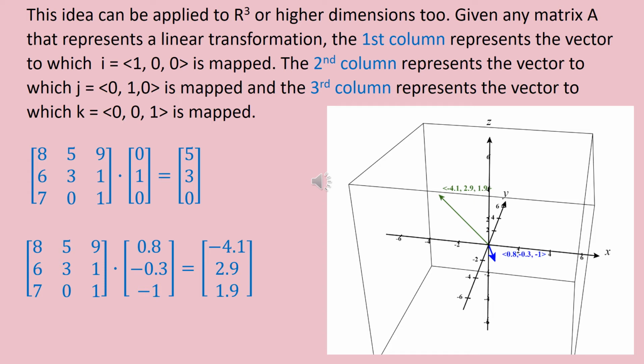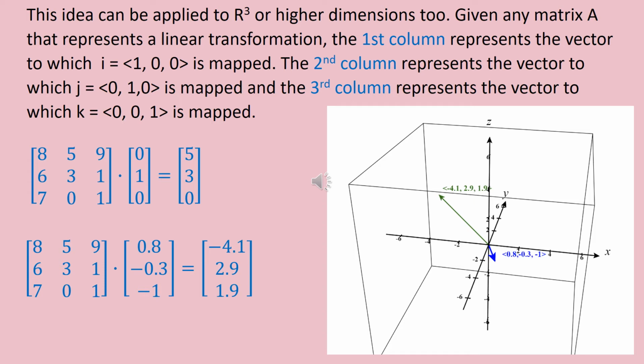I will get a new x location of negative 4.1. I'm dotting across the middle row down the column vector. A new y location will be 2.9. I'm dotting across the third row and down the column vector, and I get a new z location of 1.9.